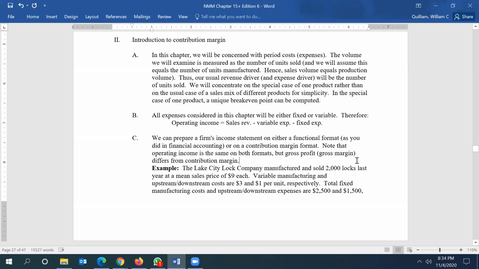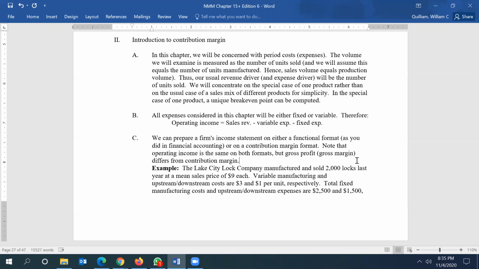Well, we look at C here, and I'd like to talk about a company's income statement. There are two different formats that we can use. We can do it either under a functional format, like we did in financial accounting in 2111, or on a contribution margin format, which I will introduce to you here.